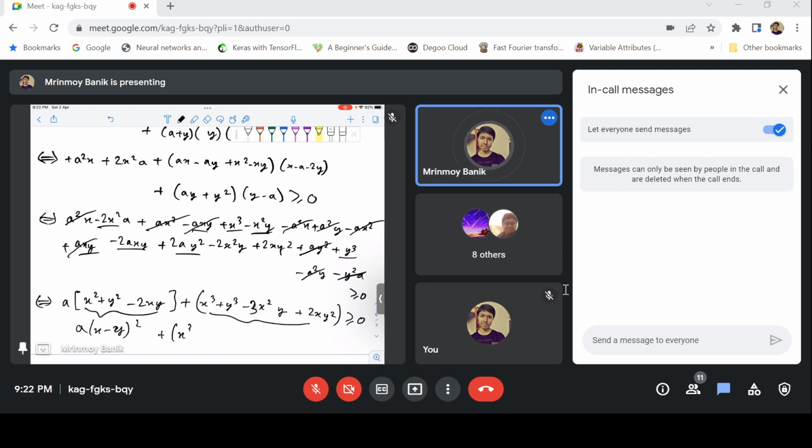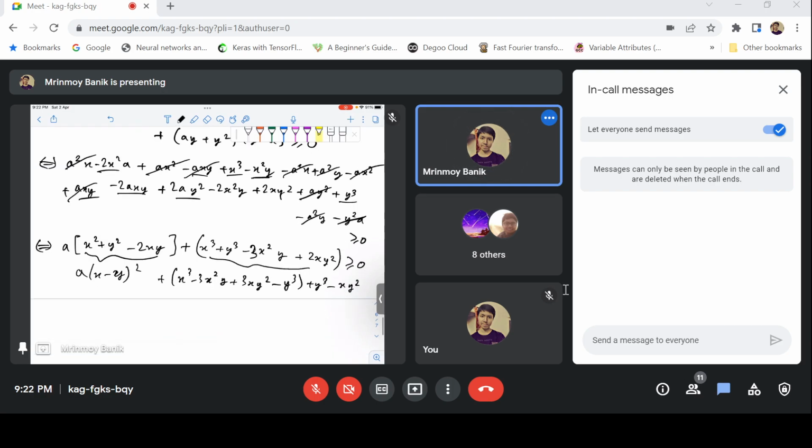Here we have x cubed plus, if we have x squared y, then plus, we take 3y squared, and minus y cubed, and then again add y cubed. What did we lose more? Yeah, we have a minus xy squared. So this thing is x minus y whole cubed.